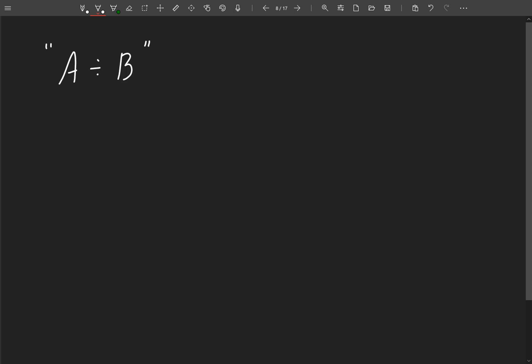We don't have a way to divide matrices, but we can multiply them, right? So if I were to find the inverse of B and multiply it, this becomes the same thing. So I've accomplished essentially the act of division by finding the inverse. And that's going to give me the answer of whatever would be A divided by B.